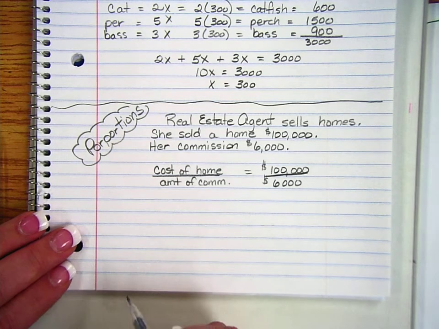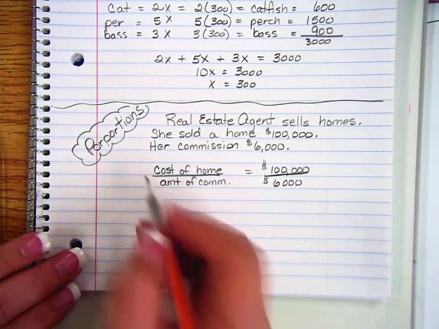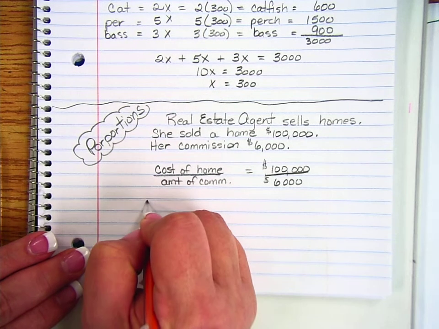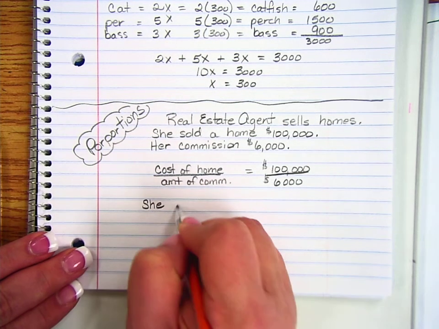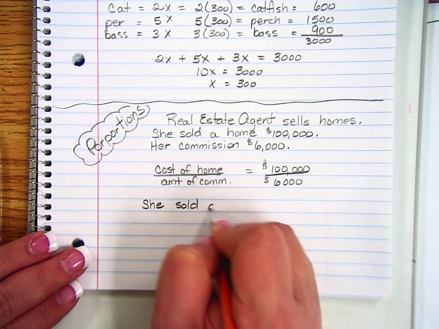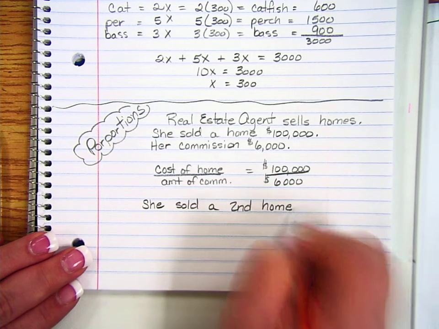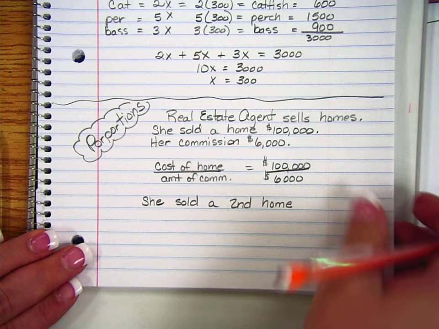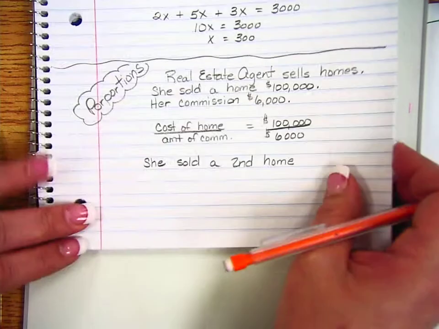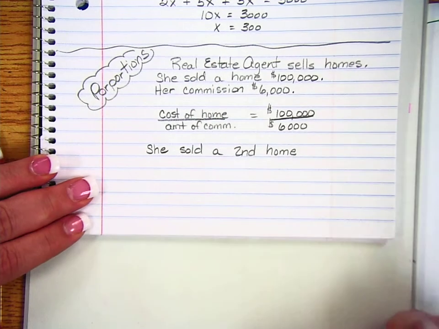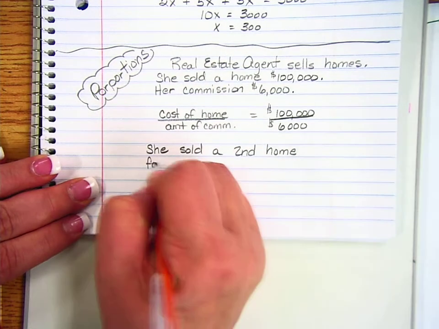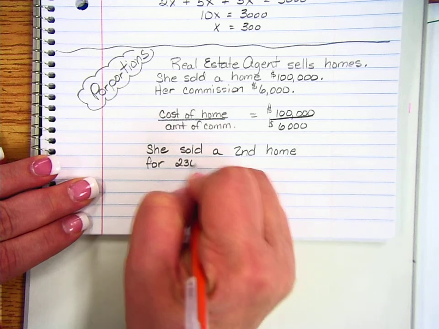So let's see what else they have to say in the problem. Okay, now she's going to sell a second home. And it's sold for $230,000.